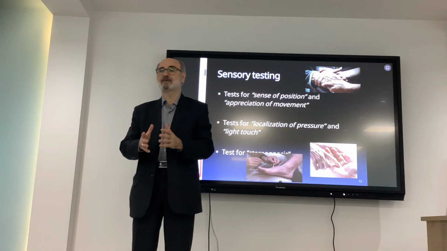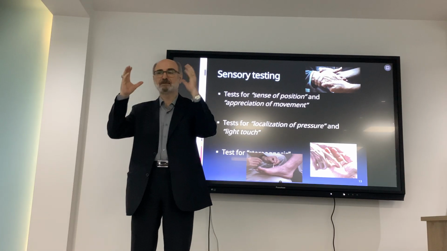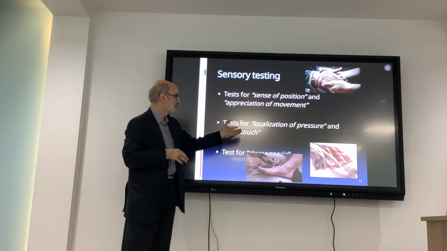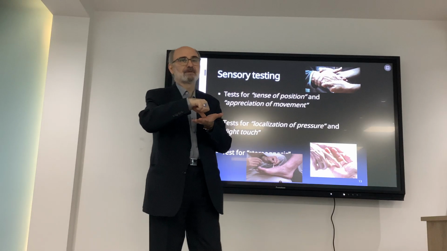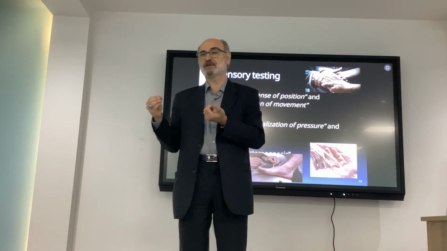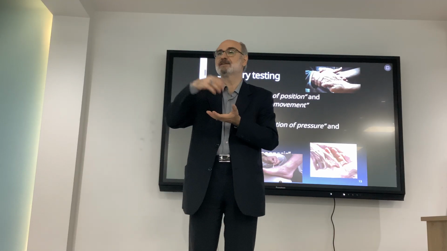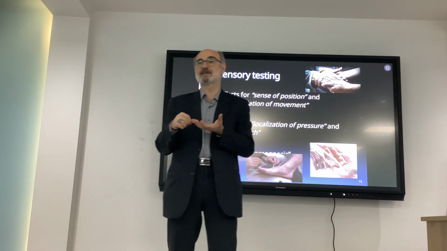When the patient understands the procedure, you ask the patient to close the eyes or blindfold them with a cloth, and then you use your thumb to apply pressure on various locations on the limb, upper and lower limb, and then you ask them to report where you pressed the skin and muscles.